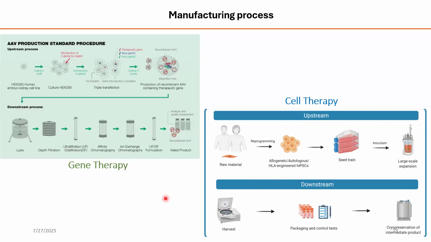In the case of T cells, it is very particular, but for stem cells, you can program them into different cell types. So you can use a large scale very easily in the case of stem cells. You just need the raw material in a small amount and then you can proliferate them. In that case, you need a seed train. Seed train is nothing but you make them in a very large amount, a large scale, you expand them into a large amount.